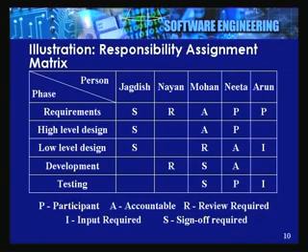And then each of these people have a different role to play. The role may be only being a participant in the group, or it may be accountability, or review responsibility, or the responsibility for giving inputs, or the responsibility of signing off that particular project. So different people from that point of view have a different role and responsibility assigned.